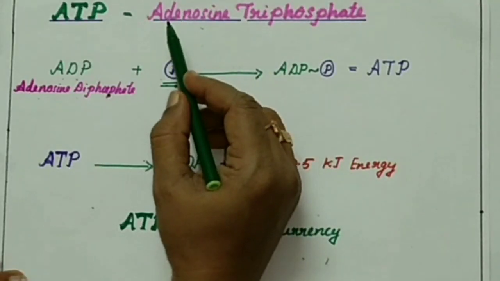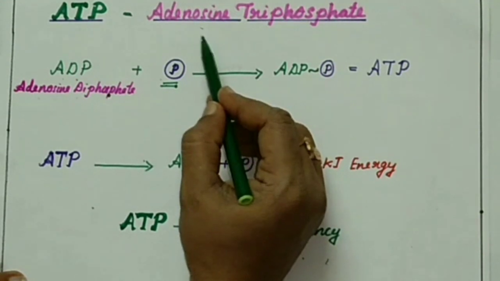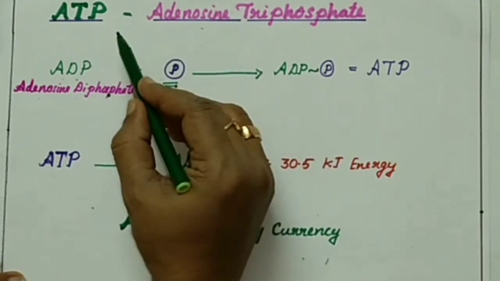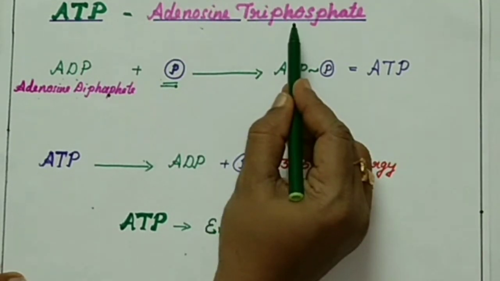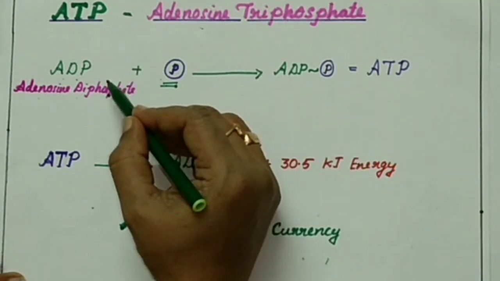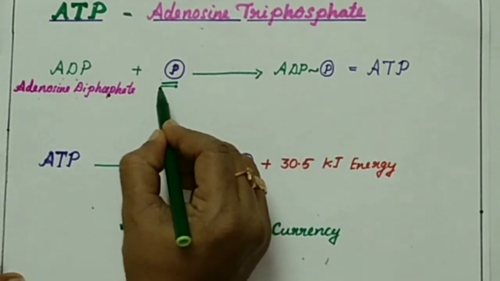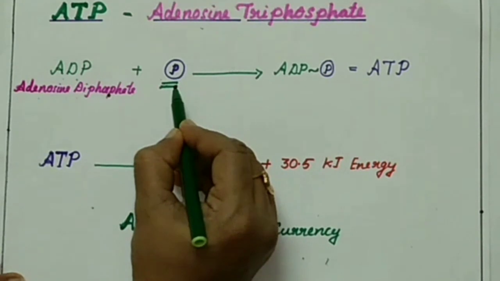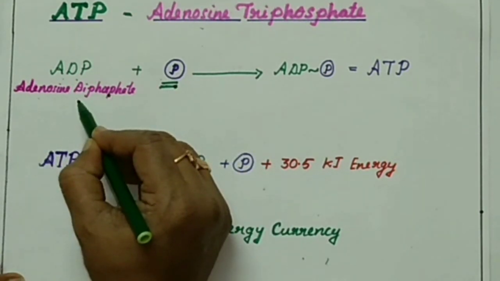As a result of cellular respiration, chemical energy in the form of ATP is produced, isn't it? So what is ATP? Adenosine triphosphate. These ATP molecules are produced by the addition of an inorganic phosphate to ADP, that is adenosine diphosphate.